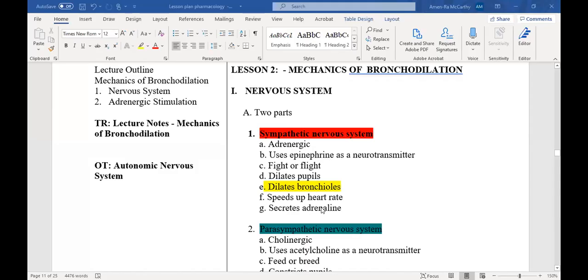And we don't want all of that, right? When we have a drug, all we want is the bronchodilation, right? But some of the side effects of albuterol will be heart rate speeds up, dilated pupils, you start feeling jittery and nervous, right? Those are side effects because albuterol is a sympathomimetic drug.